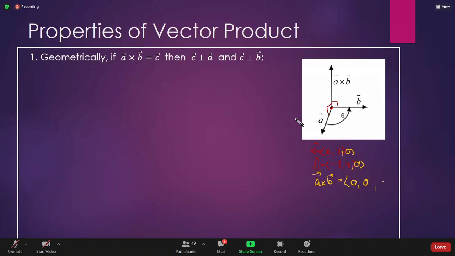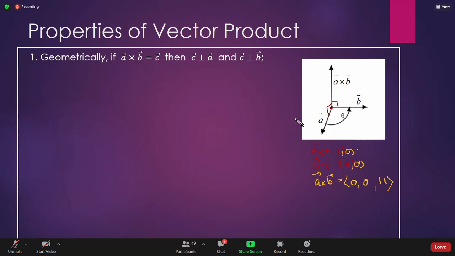I'm not writing out the minors at the moment. The third coordinate, however, will be 2 times 4 is 8, minus -3 is 11. And so you see that this vector A times B is actually strictly vertical. It goes strictly in the z direction only.